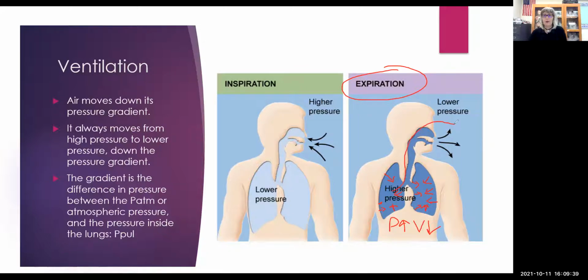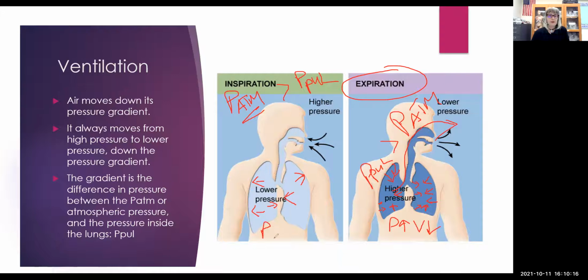So they're going to go out because P-pul, meaning the pressure inside the lungs, is greater than PATM, the pressure outside the lungs, which is the atmospheric pressure. Here, PATM, meaning atmospheric pressure, is greater than P-pul, meaning the pressure in here. Why? Because volume is going up and pressure goes down.